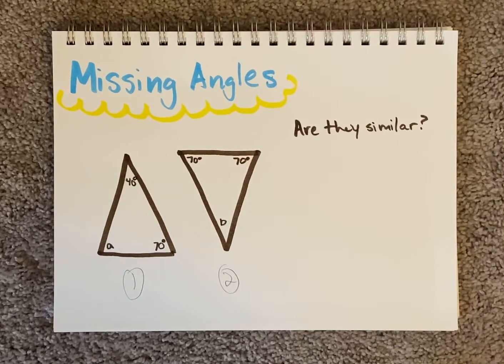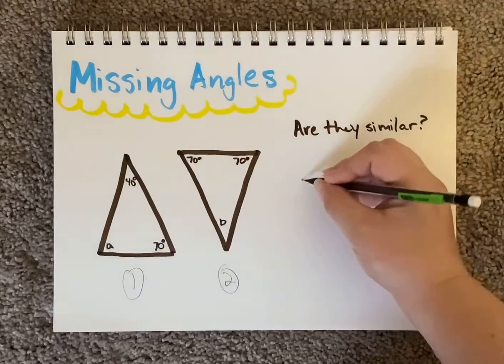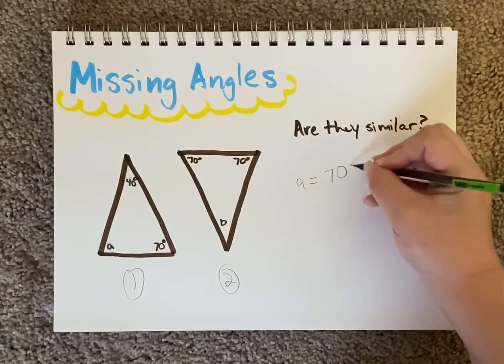So we can go ahead and use our brain or a calculator, whichever you prefer, and calculate this, because 70 and 40 would be 110 degrees. So if there's 180 degrees in a triangle, we can deduct this and say that there is 70 degrees left over, so A would be 70 degrees.